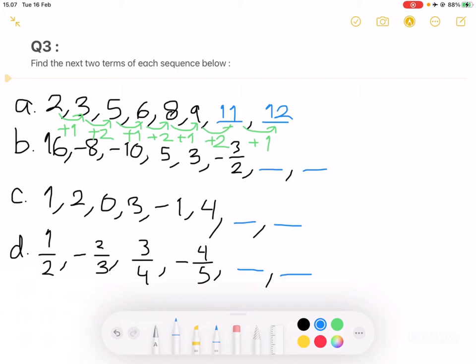So a tip for finding a pattern of a sequence, you need to do some trial and error for some patterns, maybe trying to find the difference between each term and see if you can find a pattern from that.